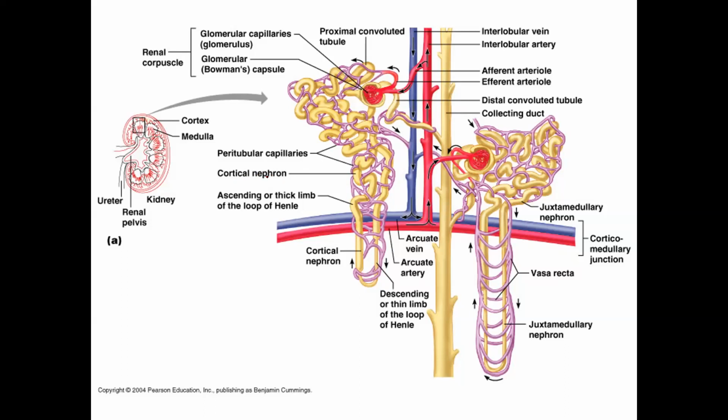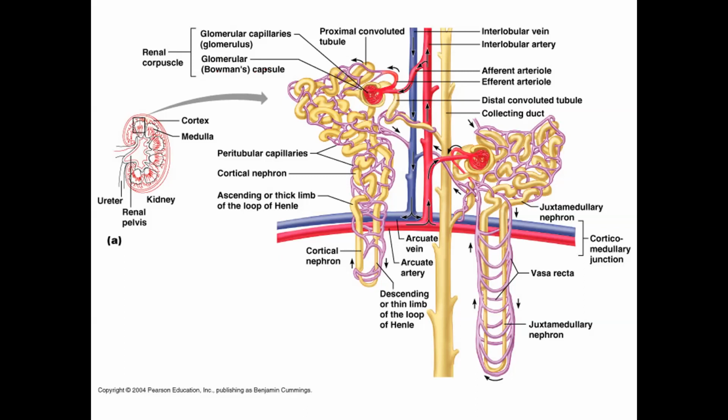Do we know the 5 parts? Think about it. Blood capillaries, or you can call them the glomerulars, the capillaries, okay? And around these glomerulars is the Bowman's capsule, which is the starting point of the tubular structure.